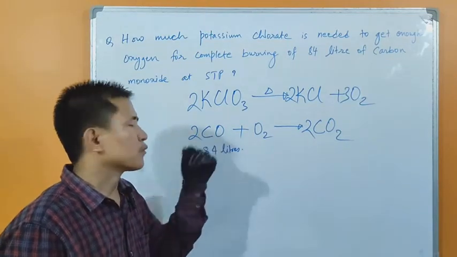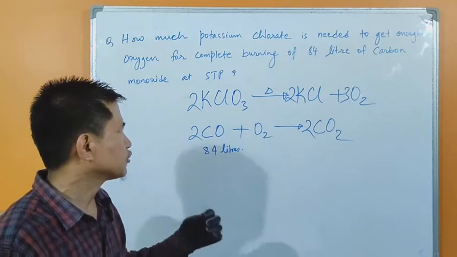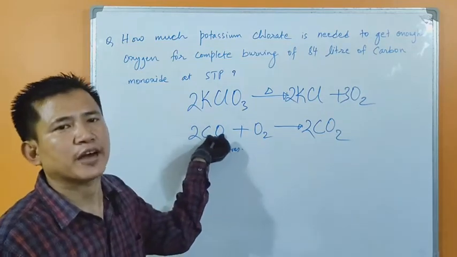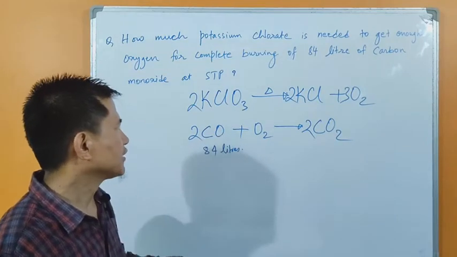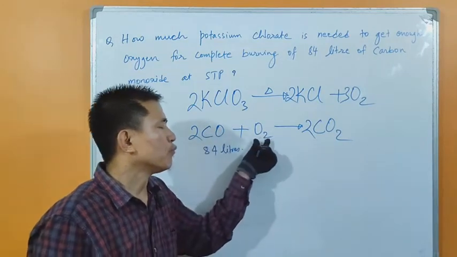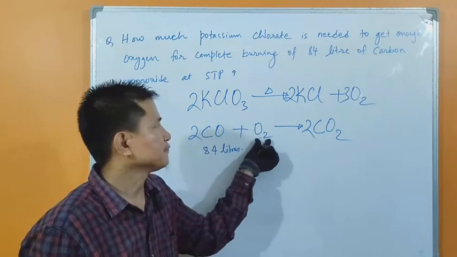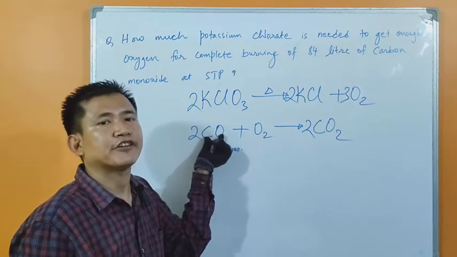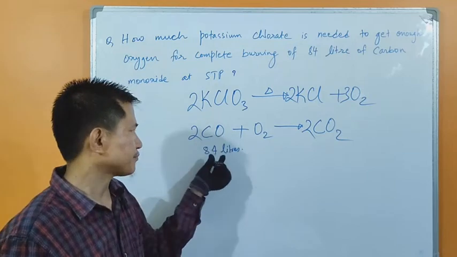84 liters of carbon monoxide gas is given to us. First of all, we will find the number of moles of carbon monoxide gas. After that, we will find the number of moles of oxygen gas that will be required to burn 84 liters of carbon monoxide gas.